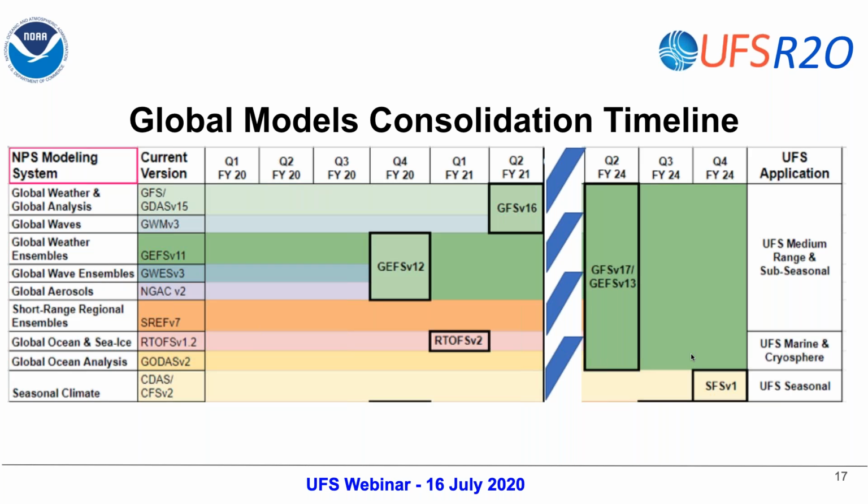The intent is that this will be a new coupled seasonal forecast capability using the FV3 dynamical core atmosphere coupled to 5 other active components: land surface, sea ice, ocean, aerosols, and ocean surface waves. So that's what's inside SFSV1. It will be a successor to CFSV2. And I'm not entirely sure what Murthy is questioning there, but anyway.